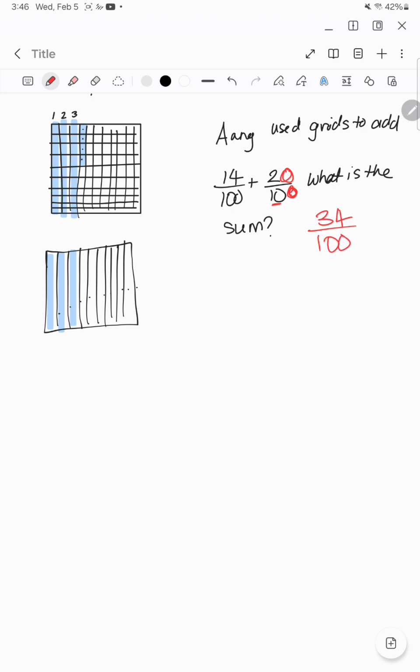Now you would have to choose the actual grid that matches that. This would be wrong because this has the wrong denominator. And you can't have 34 when it comes to tenths. Here, obviously, I got 10, 20, 30, and 1, 2, 3, 4. So that is 34 hundredths.